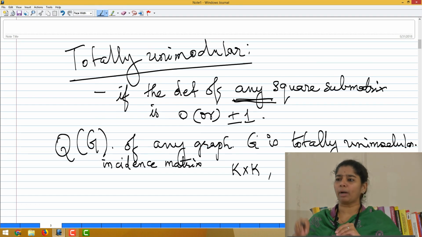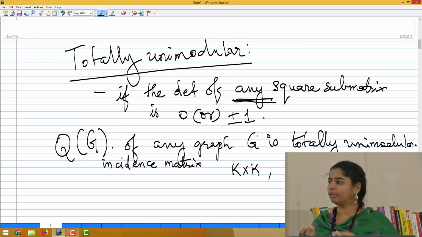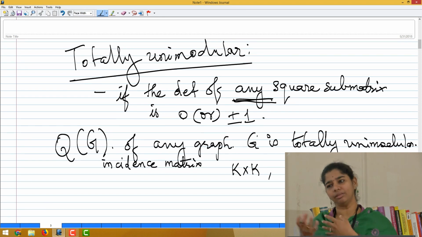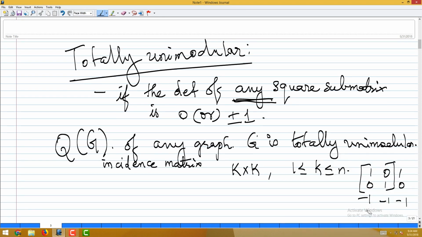What about any 1 by 1 submatrix here? It has entries only 0 or 1 or minus 1. So, the determinant of that is going to be equal to 0, 1 or minus 1, right. So, when k is equal to 1, I will just write it as Qk to mean that k by k submatrix.